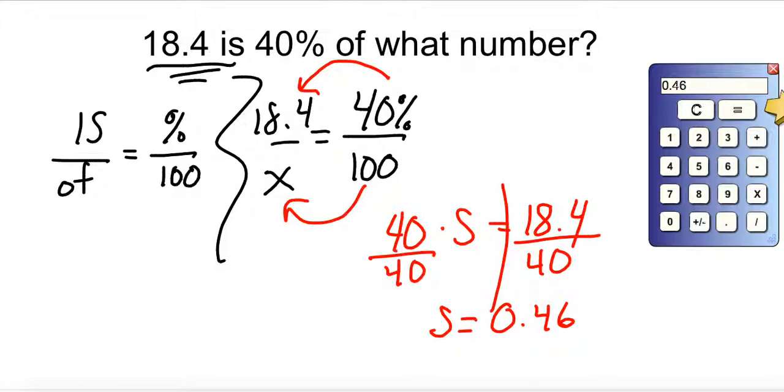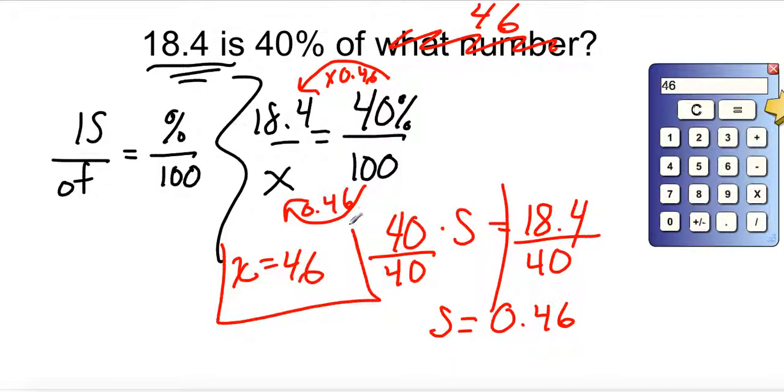So what I'll do is multiply top and bottom by 0.46, and I'll multiply that by 100, and I really don't need to multiply by 100 on a calculator. I should know that this is 46, because all I have to do is move my decimal twice. So I see that 18.4 is 40% of 46. So x is equal to 46.